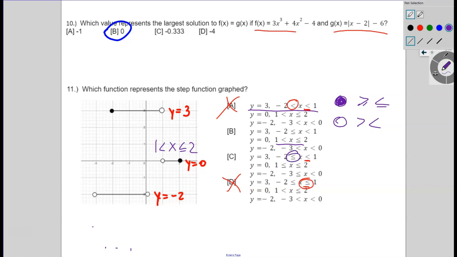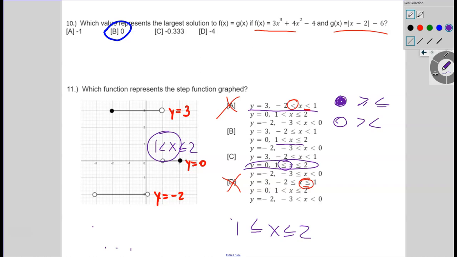In answer C, it says less than or equal to x, and this is not true. Hold on, let me apologize, I'm looking at the wrong line, guys. But then again, this is the same thing. It's 1 less than x less than 2. This is what answer C says, and obviously this is not what our function is saying.